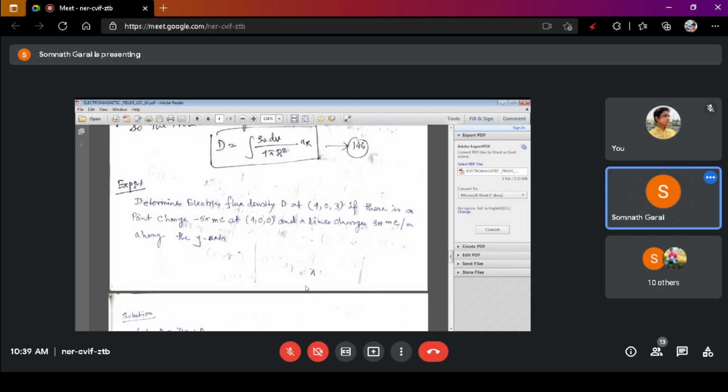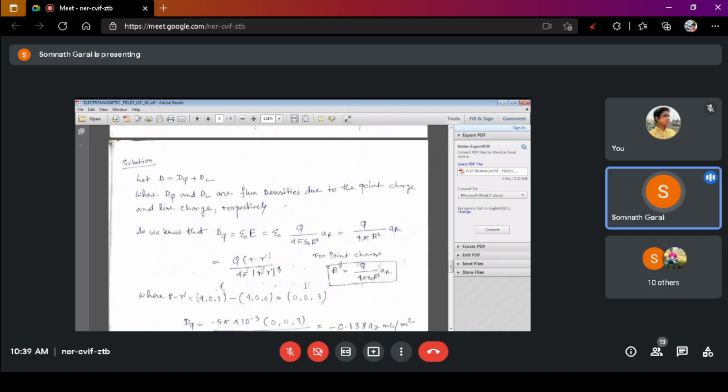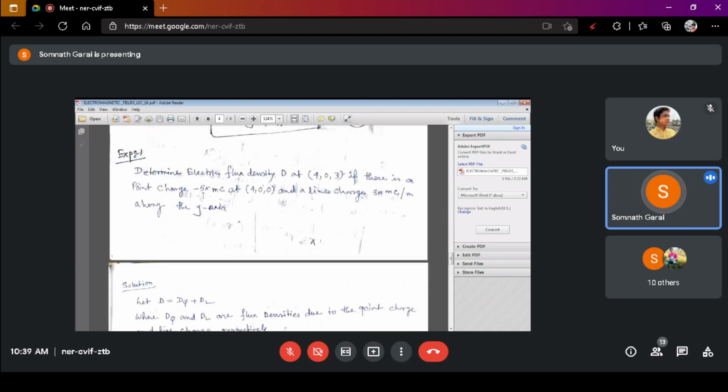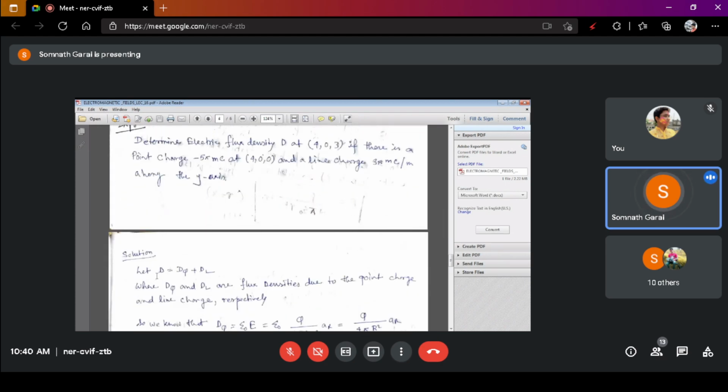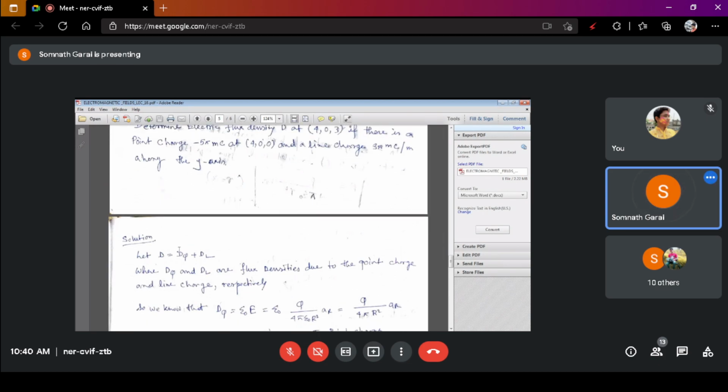Okay. Now the solution. So the total electric flux density D is equal to D_Q plus D_L, where D_Q is the flux density due to point charge and D_L is the electric flux density due to line charge.